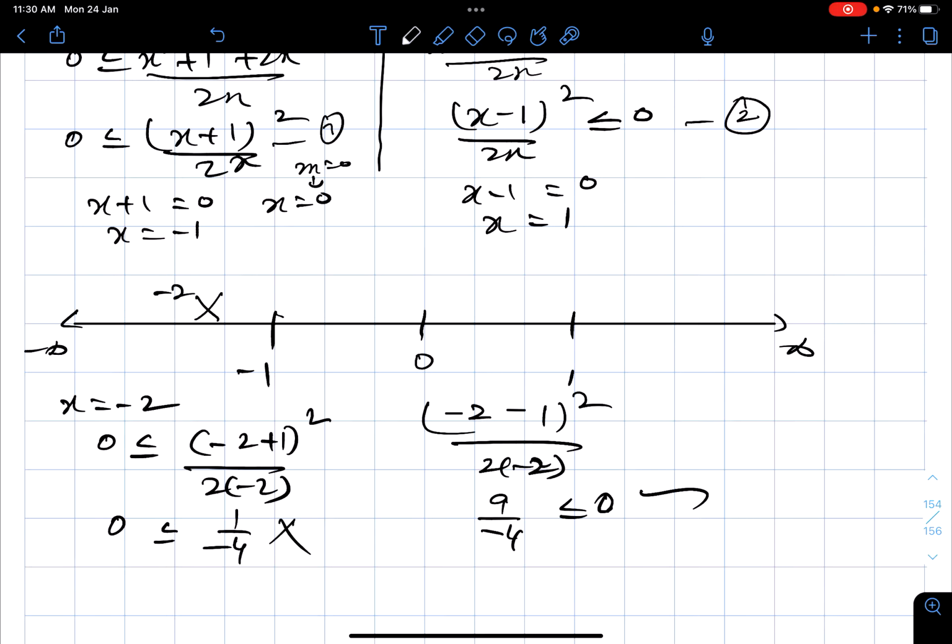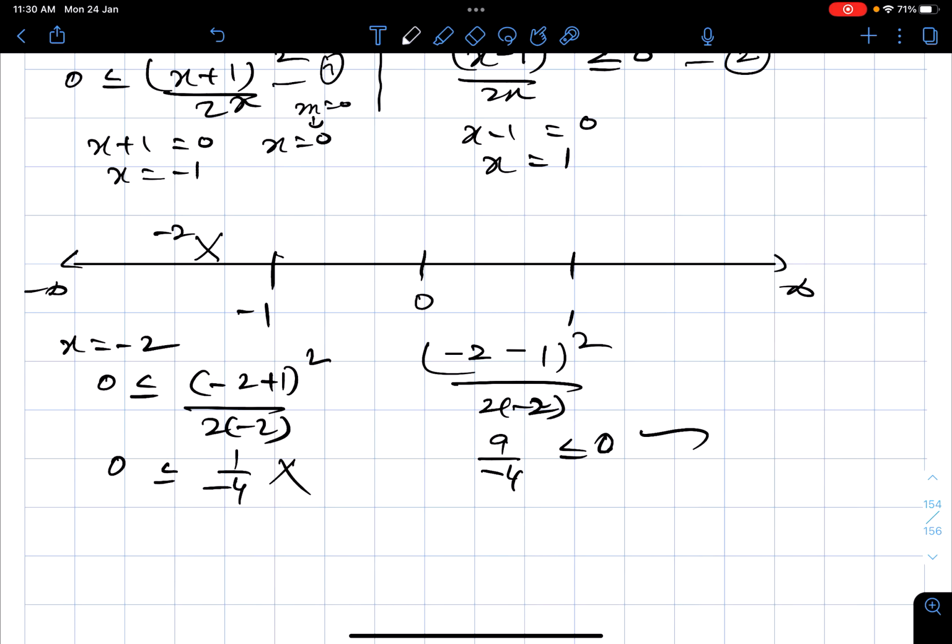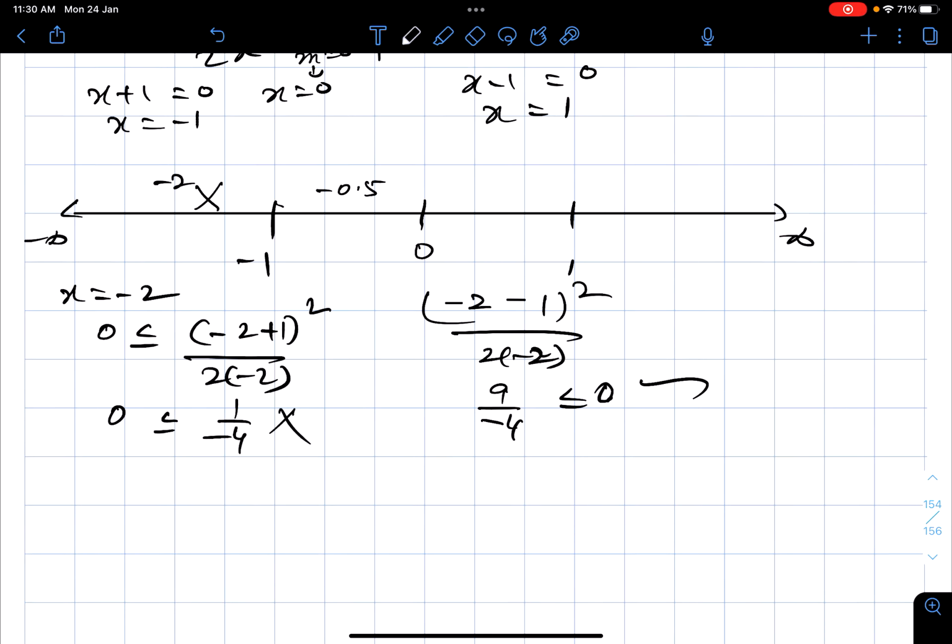We will go into our next region, minus 1 and 0. Here you are going to put minus 0.5. Again in the first you are going to substitute 0 less than or equal to (minus 0.5 plus 1) by 2 into minus 0.5.